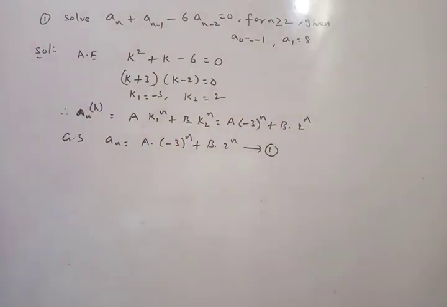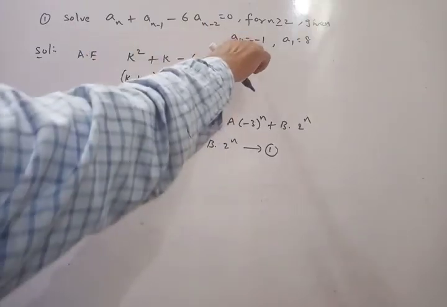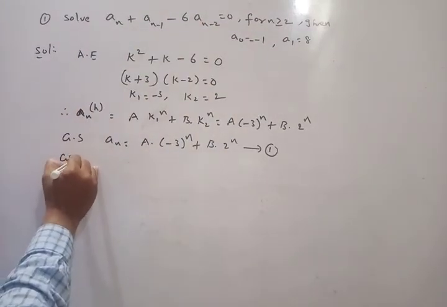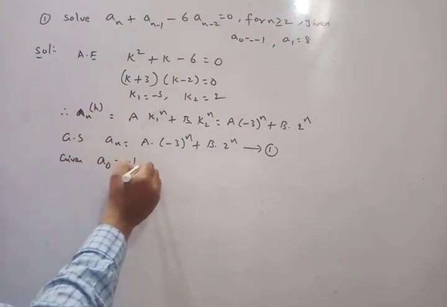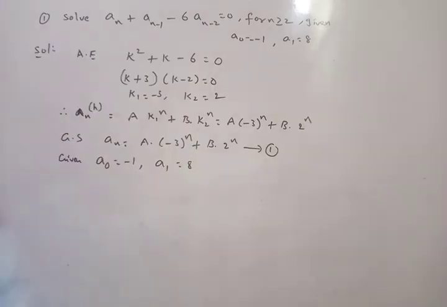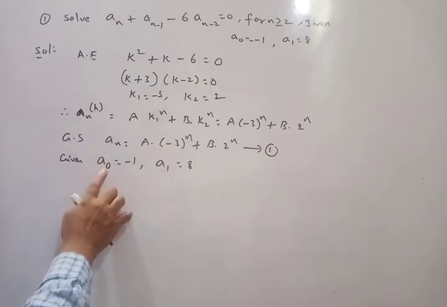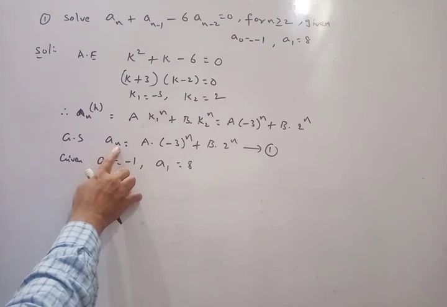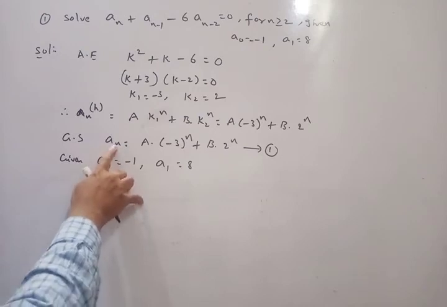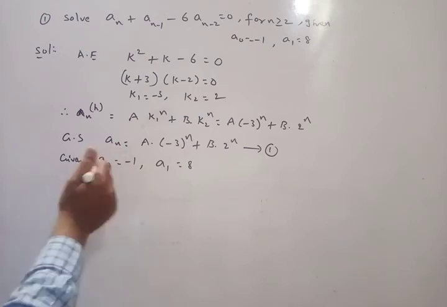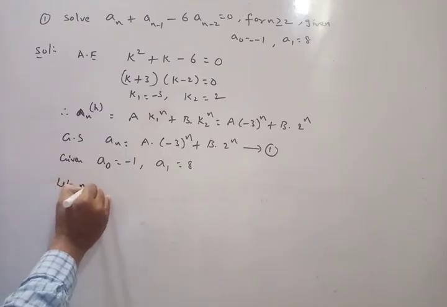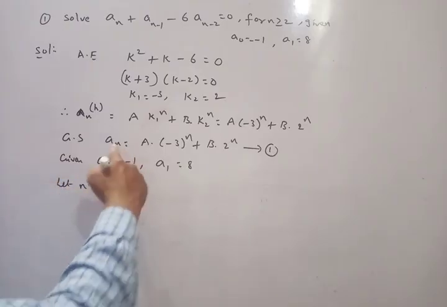Mark it as 1, correct? Now what are the conditions he gave here? Given a_0 is equal to minus 1, a_1 is equal to 8. So if n is equal to 0, if I substitute n is equal to 0 here, it becomes a_0. What is the a_0 value? Minus 1. So let n is equal to 0 in equation 1.